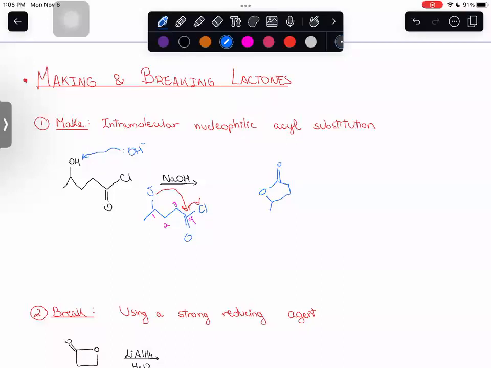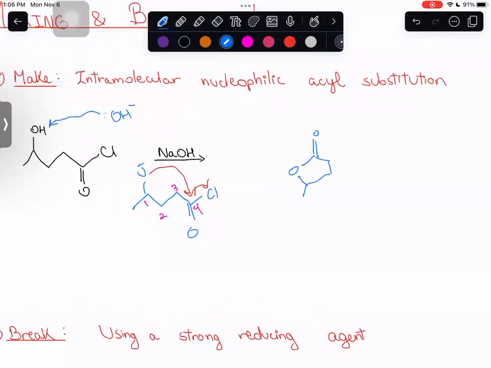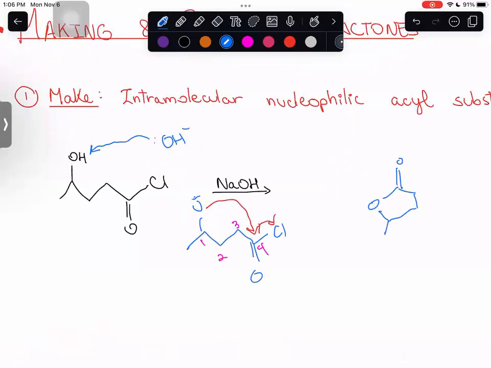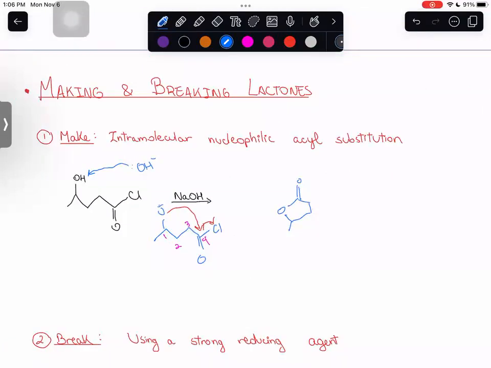Okay. It's a pretty simple reaction. It's pretty much an acid-base reaction and then a nucleophilic attack. More specifically, it's the nucleophilic attack that we learned in this chapter. But actually, this reaction looks somewhat similar to another reaction that we learned in chapter 12. It looks familiar to what reaction? It was intermolecular as well.